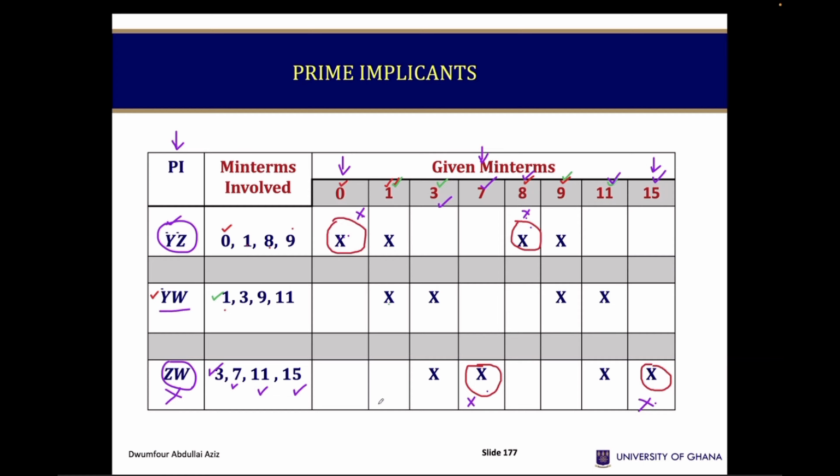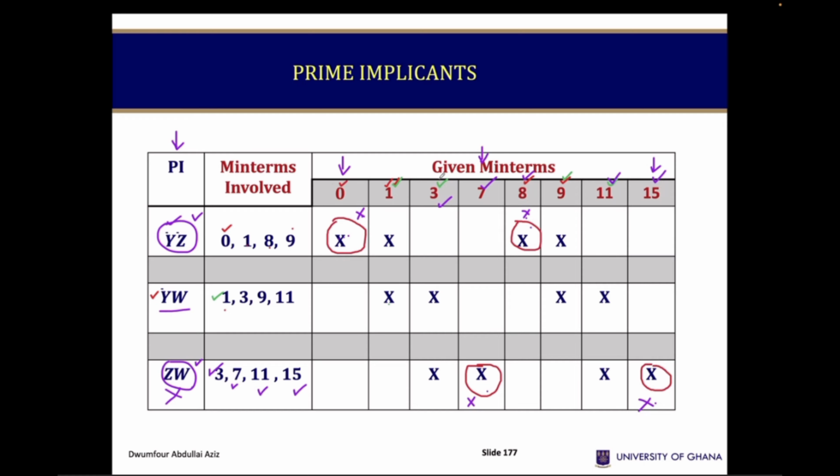But there is one more thing to check. Since we are now selecting this and this as our essential prime implicants, in the beginning, you realize that when we used these mean terms and these mean terms to match all this, we were able to match everything. At the end of the day, we must make sure that all these mean terms are able to cover all the given mean terms.